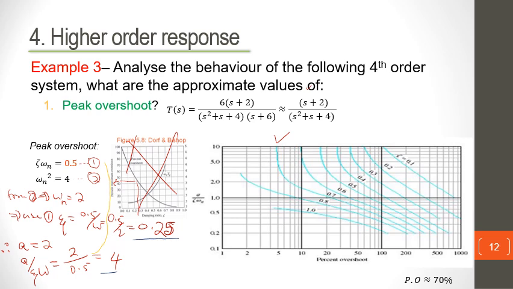So in that case, we need to look at our graph here. We look at this axis to see if we have 4 on this side, and on the damping factor side we look at damping factor of 0.25. So 0.25 will be somewhere around here.